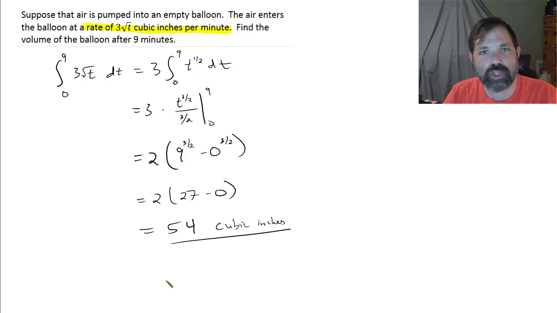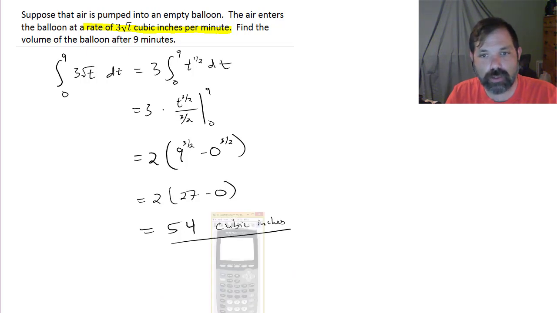I want to mention one other thing, and that is that your calculator can evaluate these. Graphing calculators have these capabilities, and depending on your calculator, you might have different instructions. But on the TI-83 or 84 calculators, here's how we can do this.